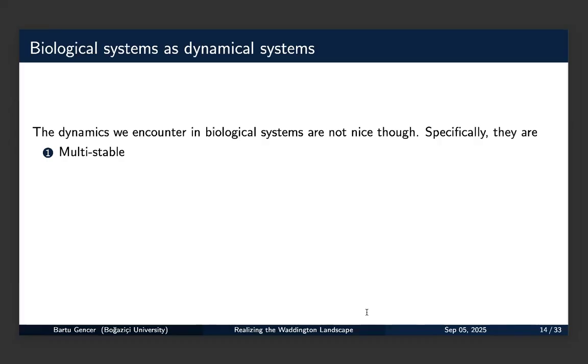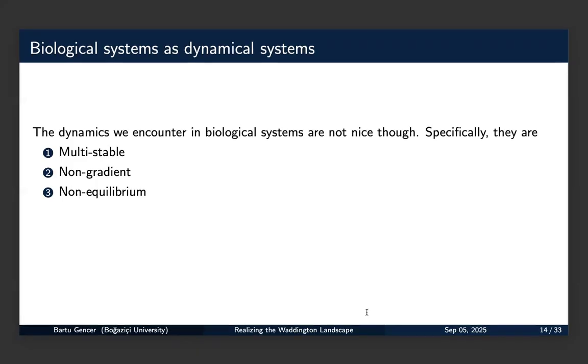So to really appreciate how hard the problems that we come across in biology are, we need to understand the type of systems that we come across. First of all, many systems in biology are multi-stable, meaning that they possess a number of stable states, not just one. And also they are non-gradient, meaning that they are not the gradient of another field.